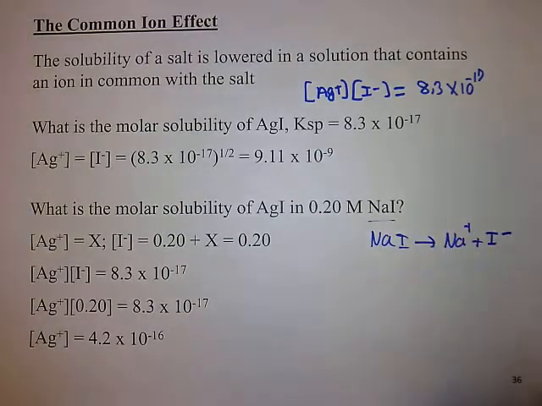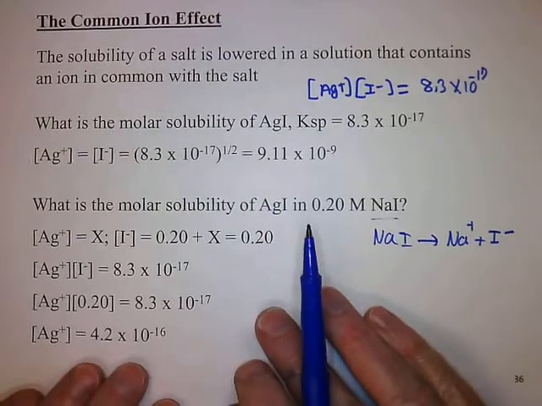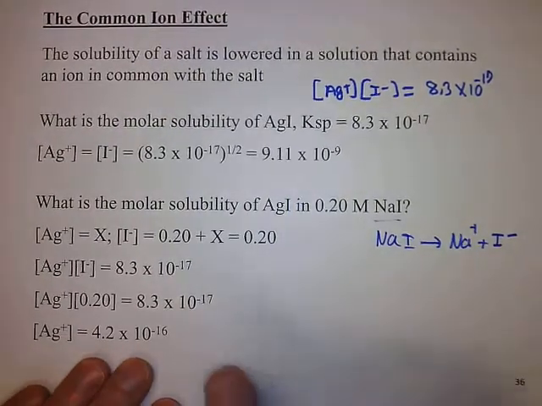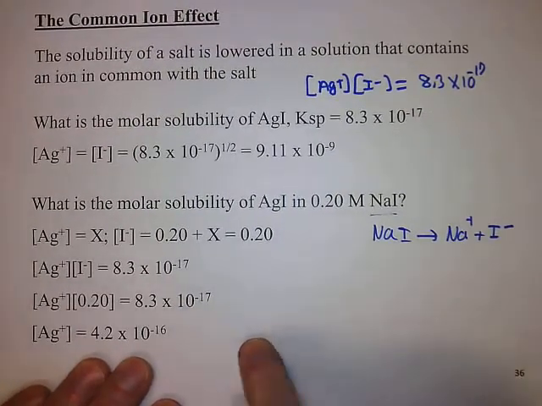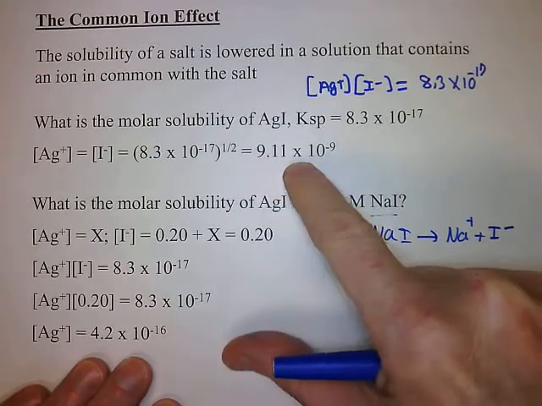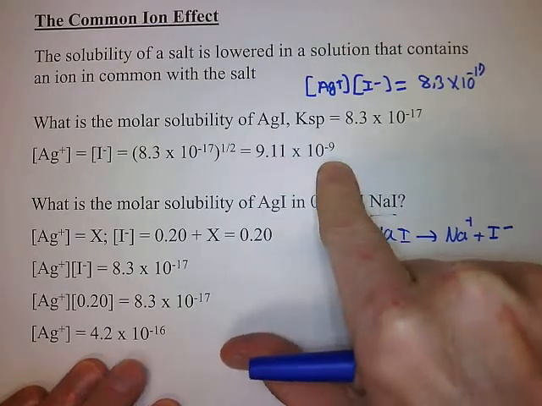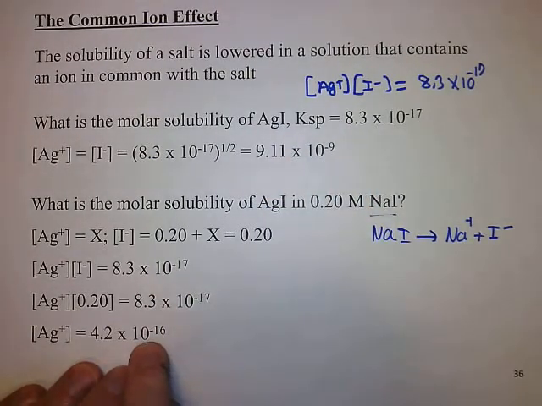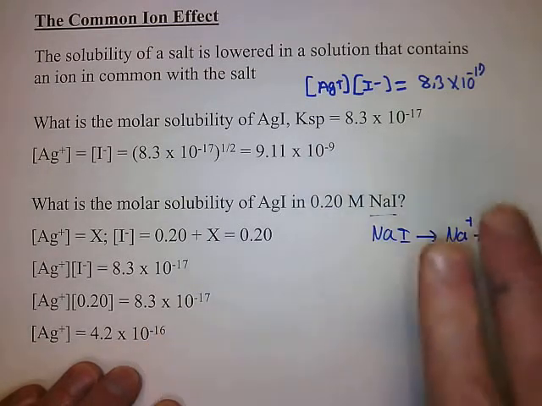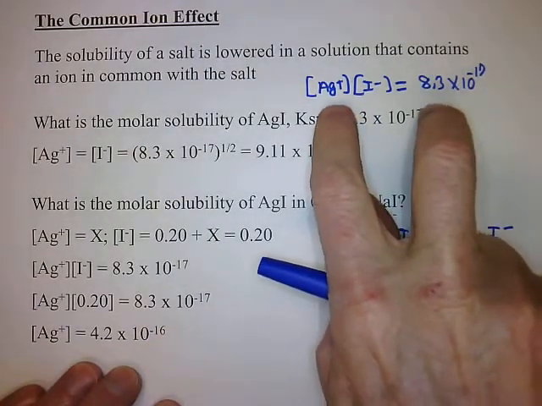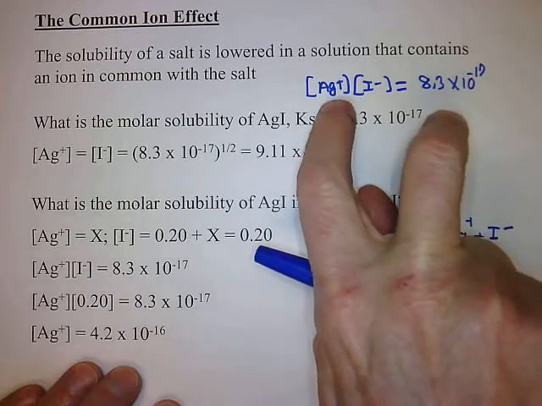Okay, so we changed the solubility a lot, by 7 orders of magnitude, from 9.11 times 10 to the minus 9 down to 4.2 times 10 to the minus 16. Because one more time, the product of these ions cannot be exceeded.